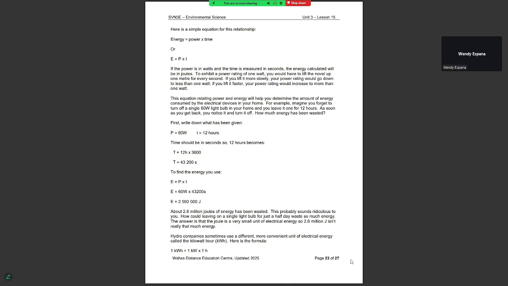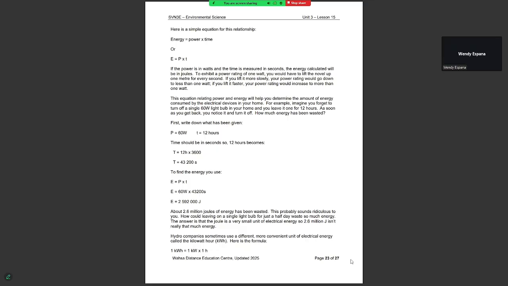Alrighty? So we're looking now at the fact that we have a power of 60 watts, or we could write that as 60 joules per second, and a time of 43,200 seconds. So now we have units that we can put in our equation. We write E equals power times time. Instead of power, we put in our 60 watts or 60 joules per second.